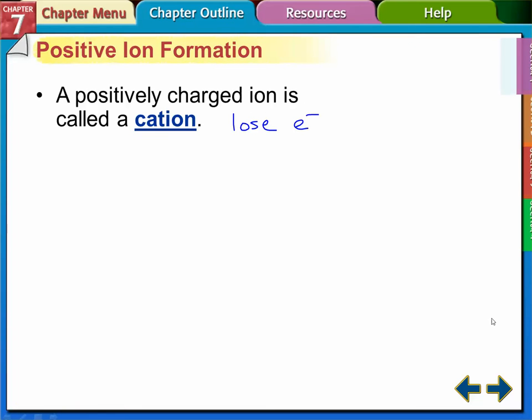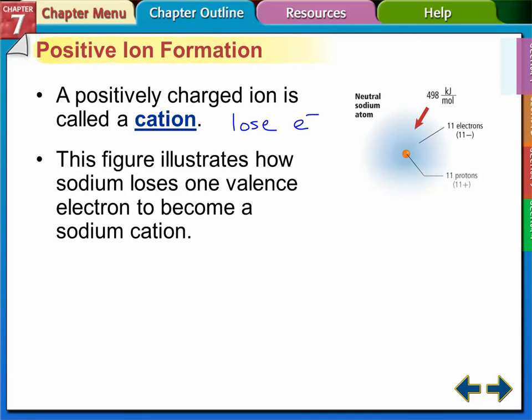Okay, so a positively charged ion is called a cation, C-A-T-I-O-N, cation. This happens when an atom loses an electron. It becomes a cation, right? It loses something negative, it becomes positive. In this little figure over here, we talk about sodium losing an electron. It starts out as a neutral atom with 11 electrons, 11 protons.